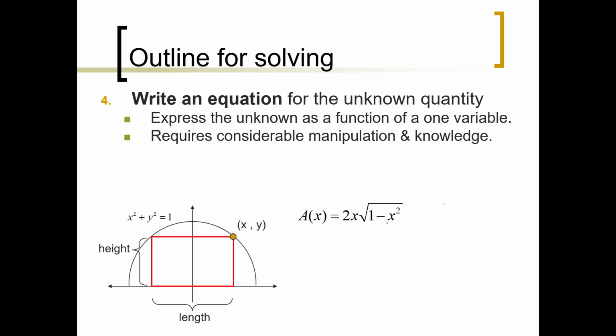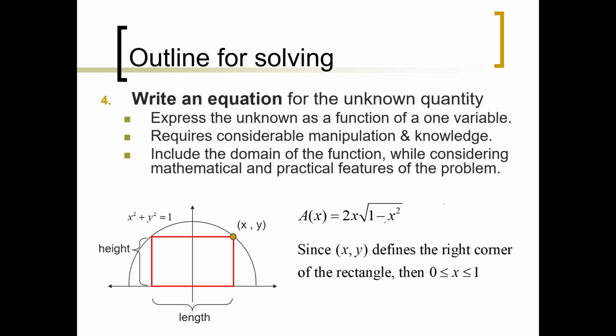Now that I have that, notice that the domain, though, as I mentioned before, can only go from 0 to 1. And I will also include when x is 0 and when x is 1. I now want to know what's the maximum value of this function, our area function, on this interval.